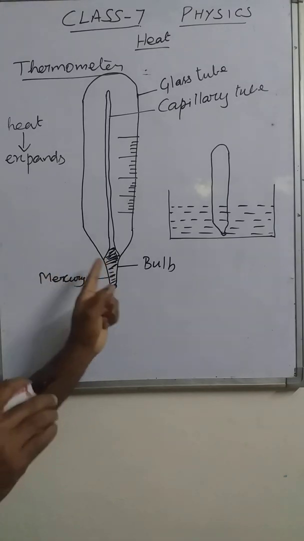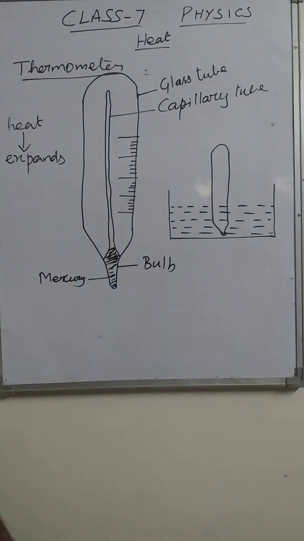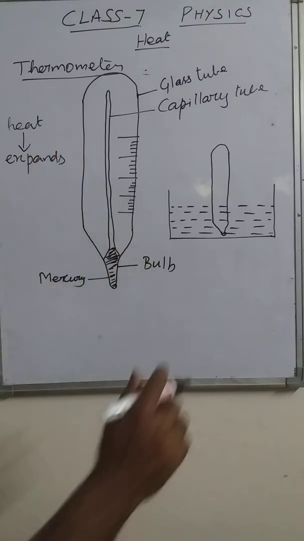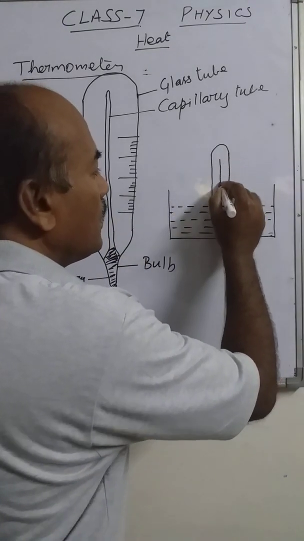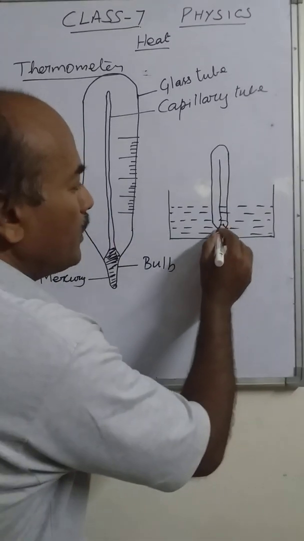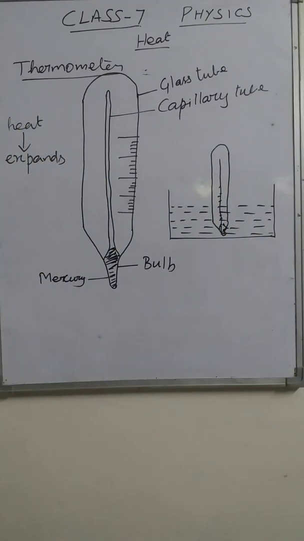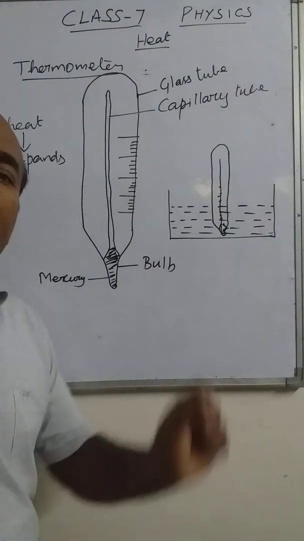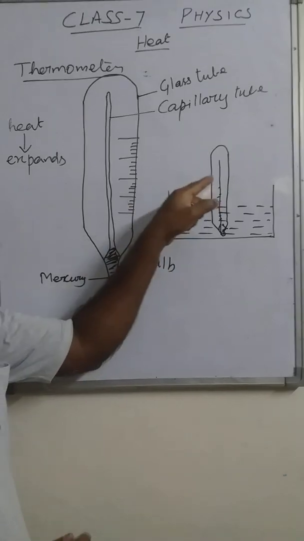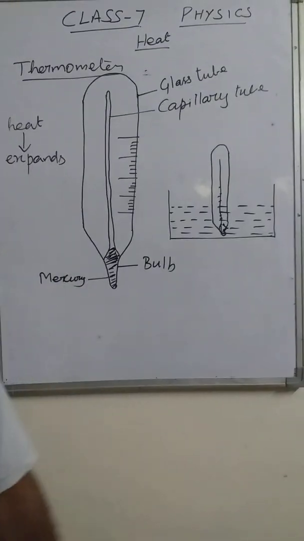Definitely, the space provided is in the capillary tube. So the level of mercury increases in the capillary tube. Let us take this as the capillary tube, and in this the mercury level starts to increase. The level of mercury increases up to that particular level where the temperature of mercury and the temperature of water become equal.